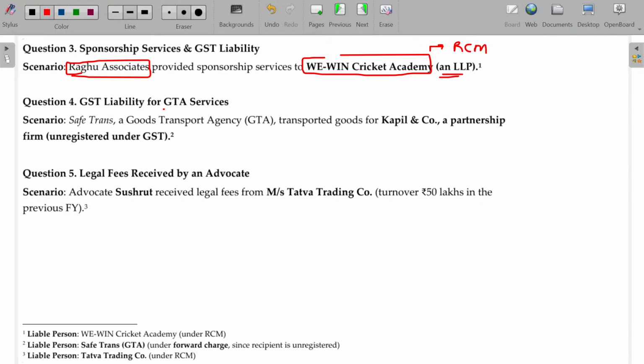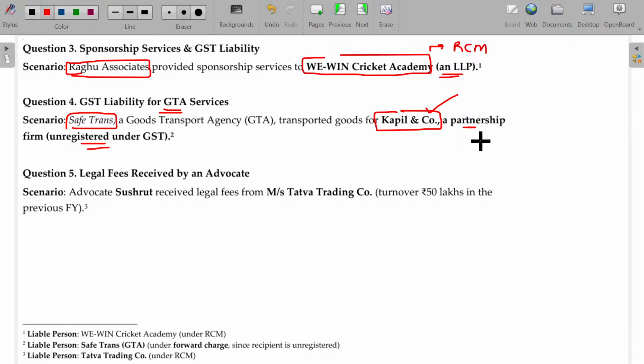GST liability for GTA services. Safe Trans, a GTA agency, transports goods for Kapil & Co., a partnership firm unregistered under GST. Now, who has to pay the GST? The partnership firm Kapil & Co. has to pay.